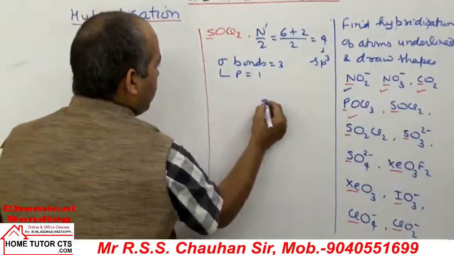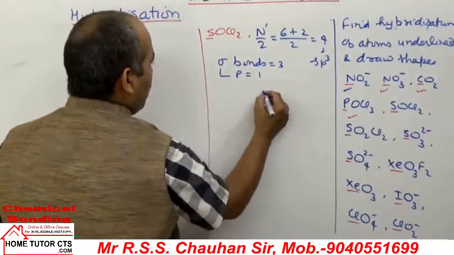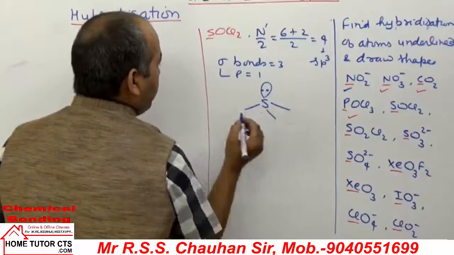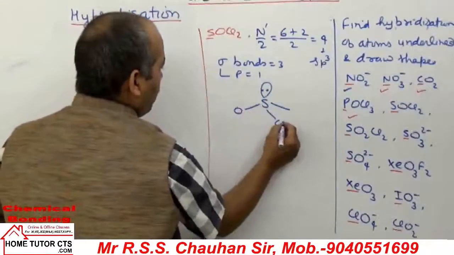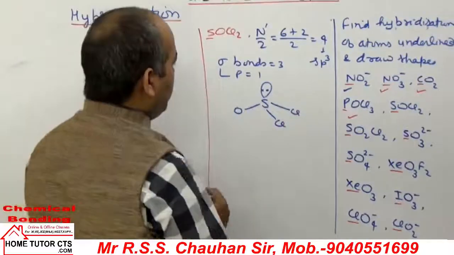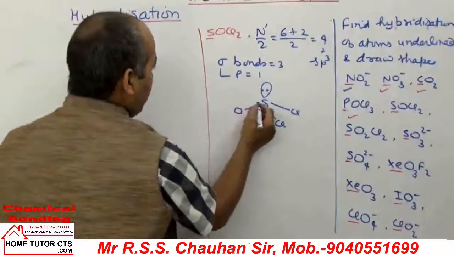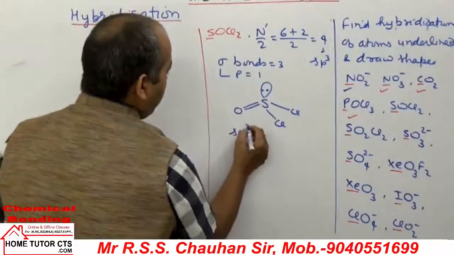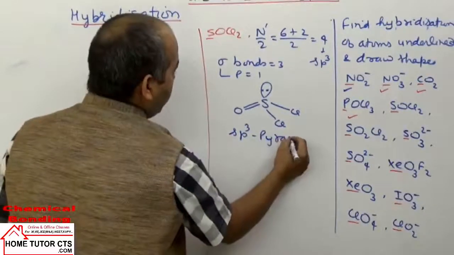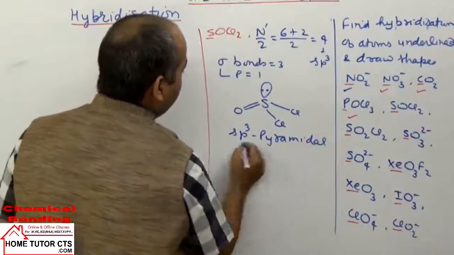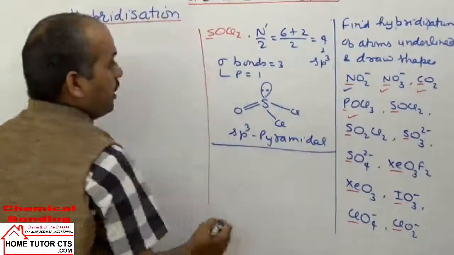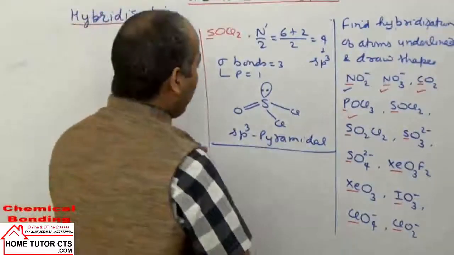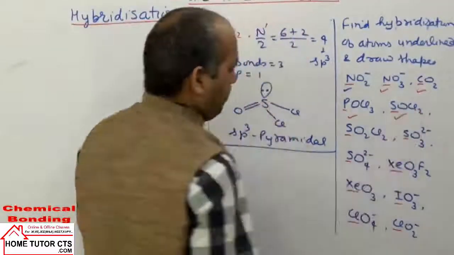So sulfur, the central atom, has 1 lone pair and 3 sigma bonds: 1 oxygen and 2 chlorine. Then oxygen should have a double bond to complete its octet. So the shape is pyramidal like ammonia. The SOCl2 molecule has a pyramidal, or trigonal pyramidal, shape.